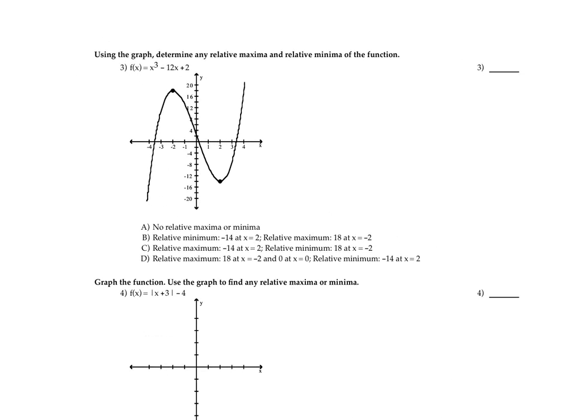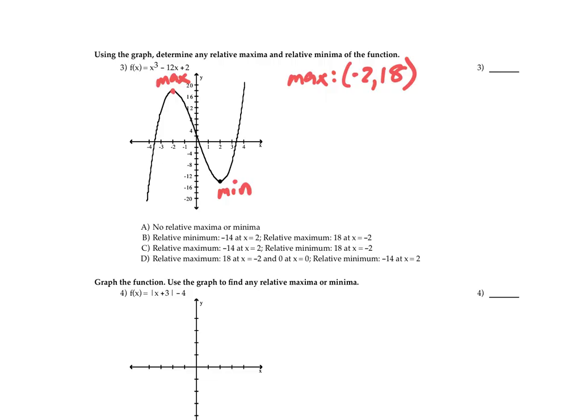Okay, on number 3, you're just looking for the relative min and the relative max. And remember, this is the one where they write it a little bit differently. You can find the ordered pair, like for instance, this would be the maximum. This one down here would be the minimum. If I did the maximum, it's okay for you to write the ordered pair of the maximum, which would be -2, 18.